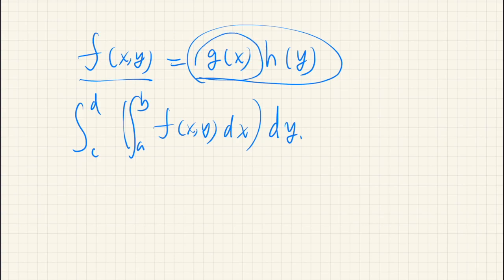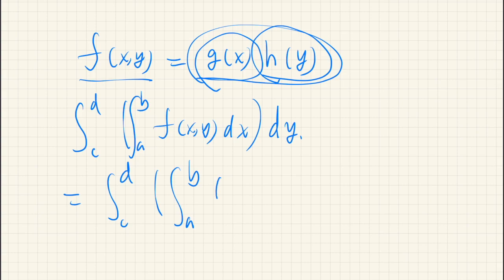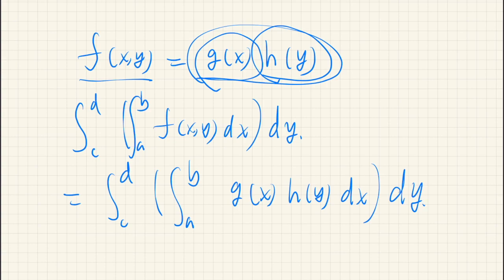Suppose f of x, y can be expressed as g of x times h of y, where g of x is a function of x alone, and h of y is a function of y alone. So in this case, we integrate g of x times h of y dx dy.